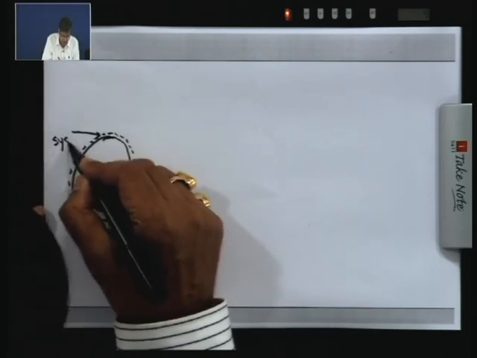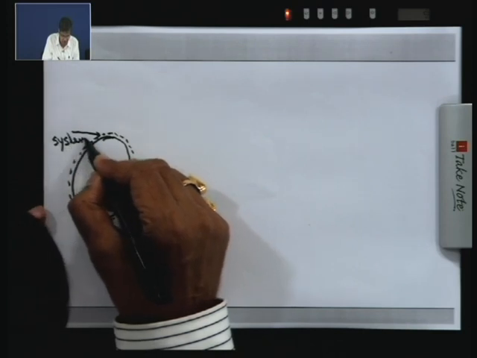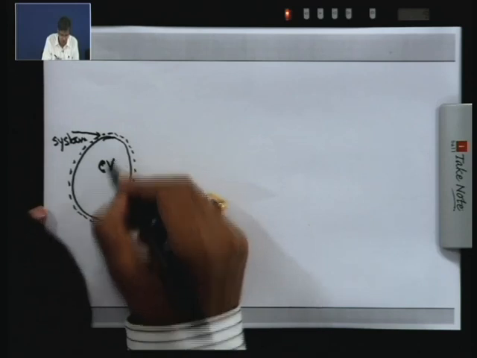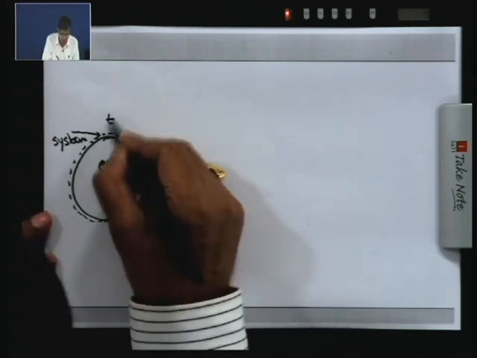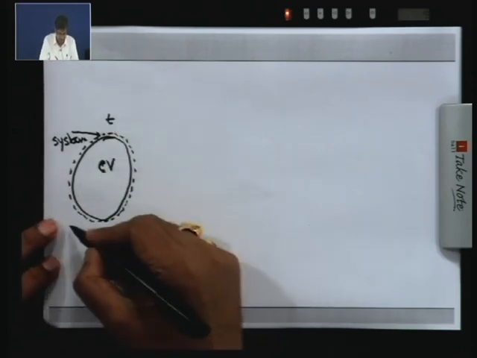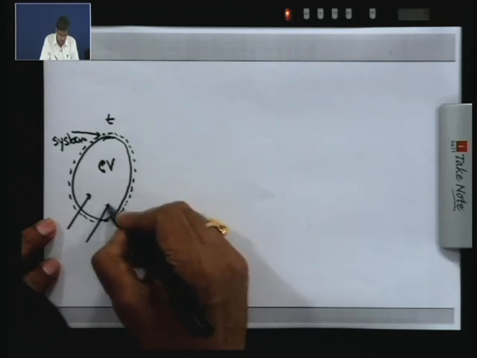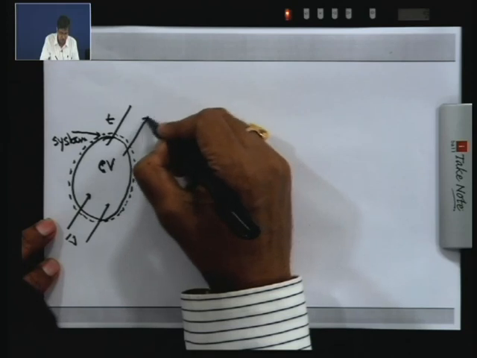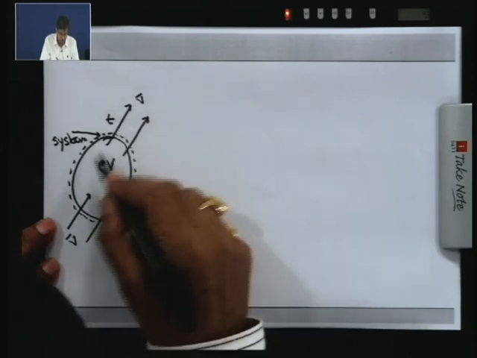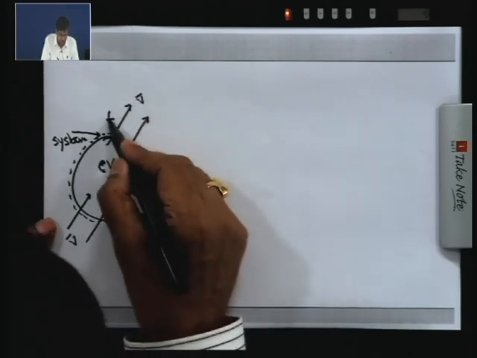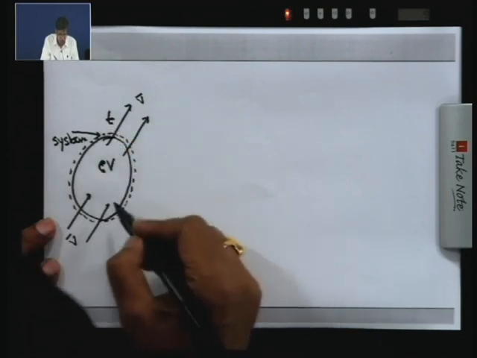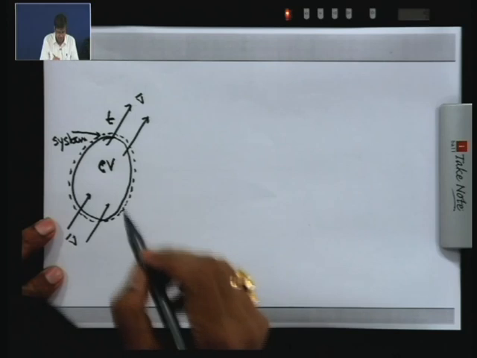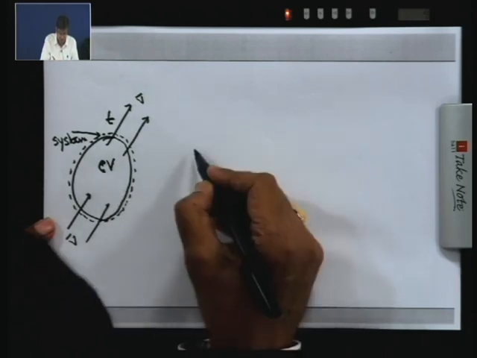System means the control mass system, and the firm boundary line is the control volume. At any time t they coincide, in a flow field, shown by this velocity vector. We consider the control volume to be fixed.